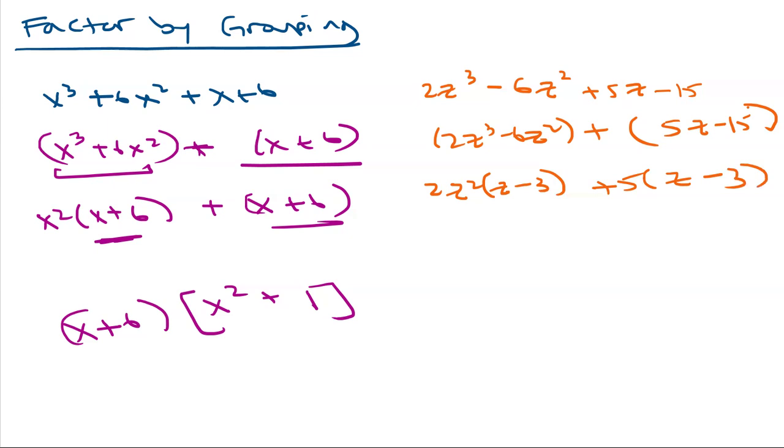Okay, so now I have the same factor. I can pull that out. So I'm left with 2z squared plus 5. So I know this might throw people off, but the square brackets and the regular parentheses, okay?